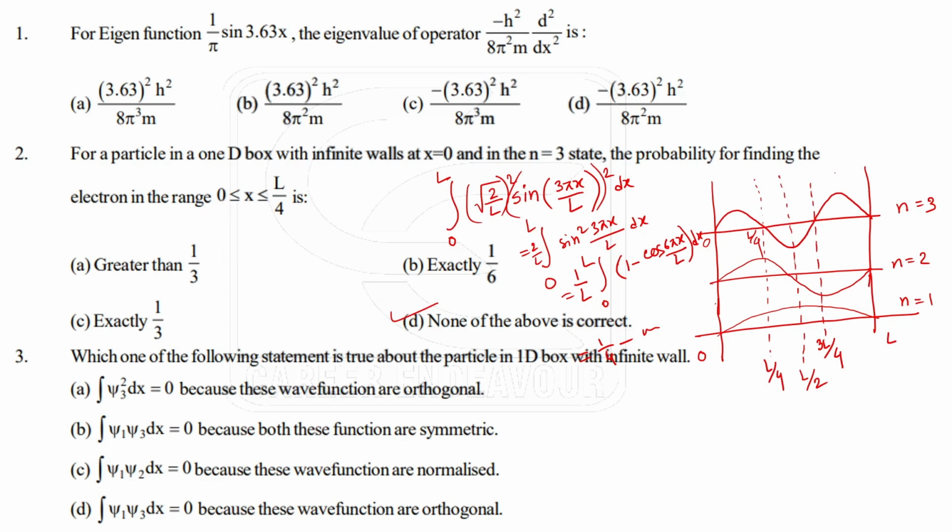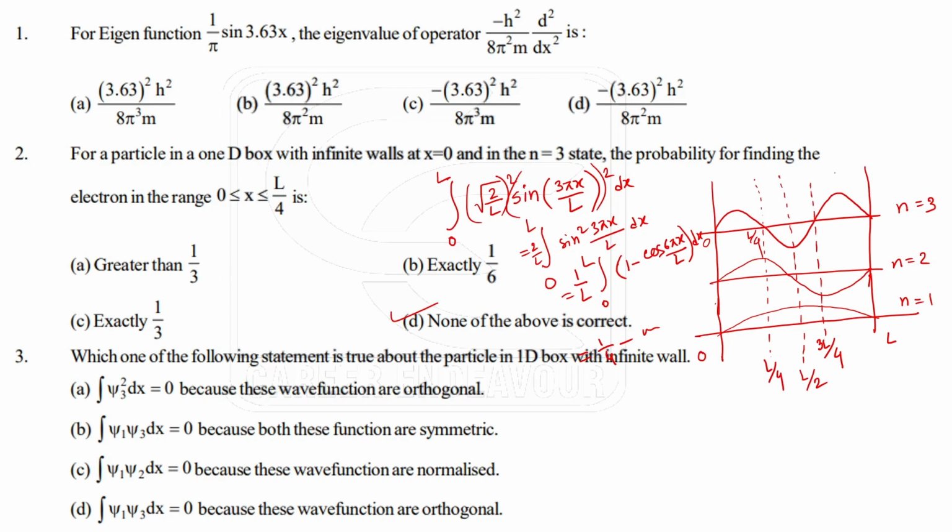So your integral was antisymmetric, because symmetric into antisymmetric into symmetric, and an antisymmetric integral will lead to an integration value of 0. That was about the transition moment integral, but this is only about normalization and orthogonality. So the fourth option is correct, the second option is not correct, and the third option is also not correct, with the same reasoning as A, because those are different conditions.